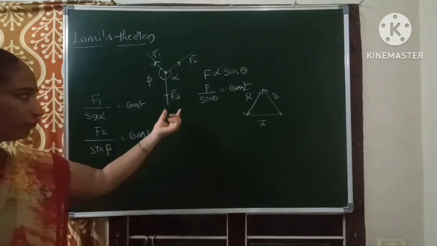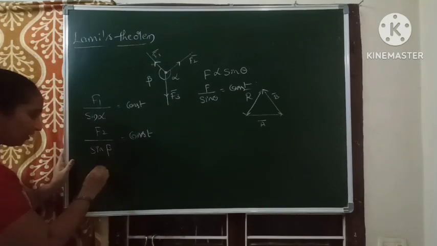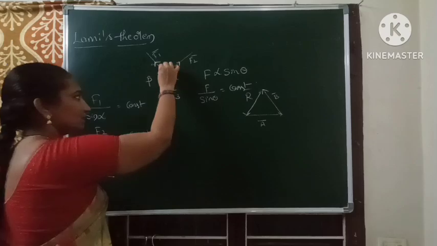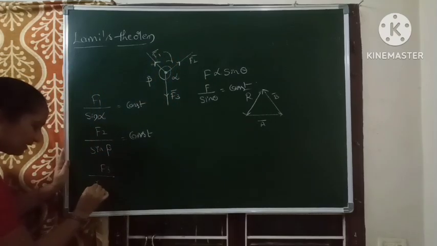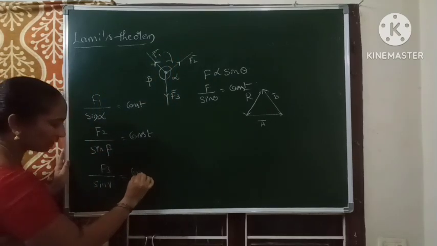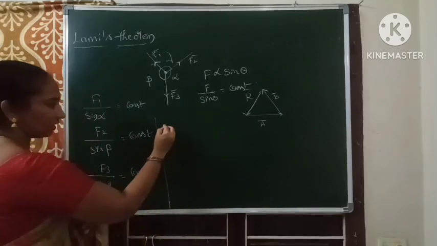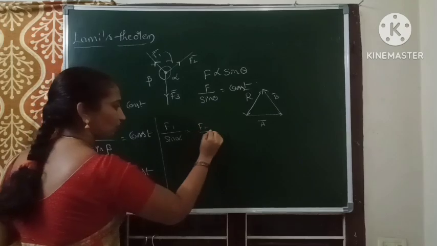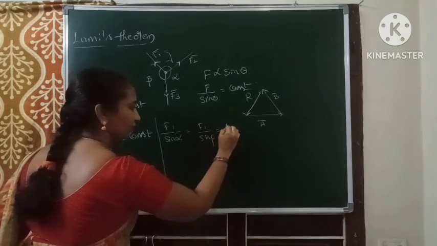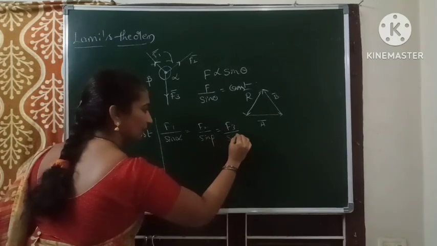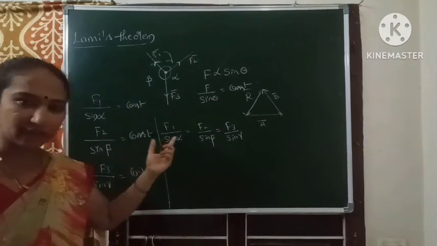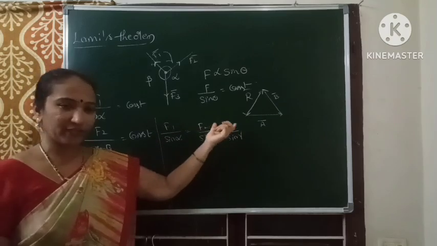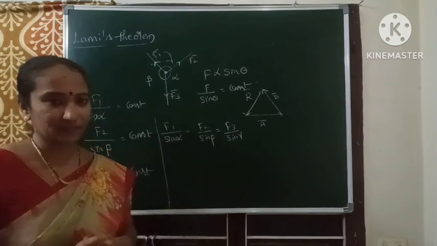And one more, the third force is F3, the magnitude of F3 by the sine of the angle between the other two forces F1 and F2, let us consider this angle is gamma, sin gamma is always constant. So you can rewrite as F1 by sin alpha is equal to F2 by sin beta is equal to F3 by sin gamma. This is the formula to calculate the magnitudes of the different forces F1, F2, F3 with the help of Lami's theorem.